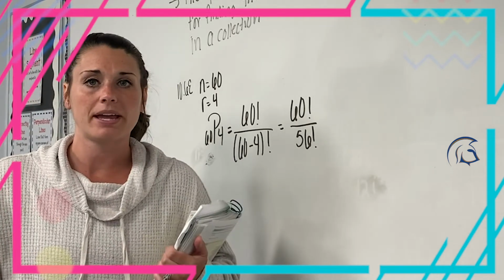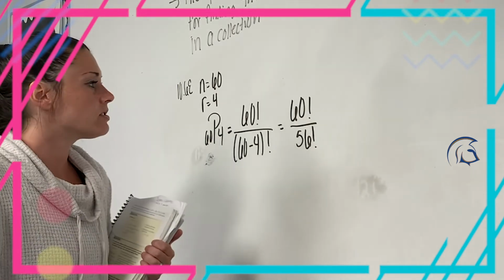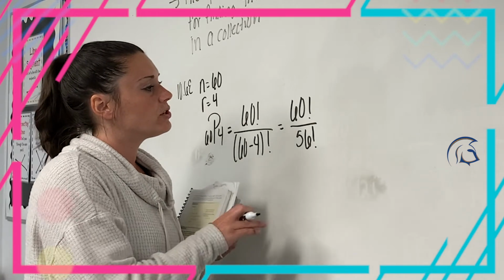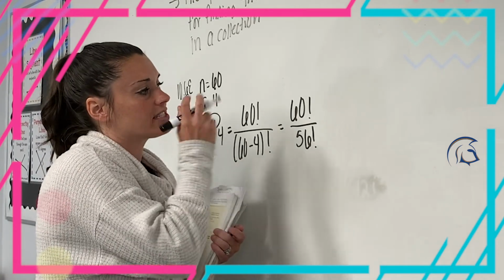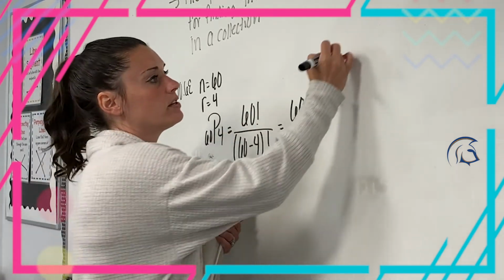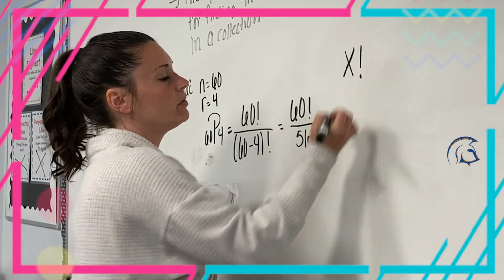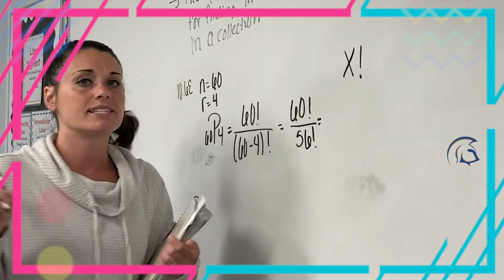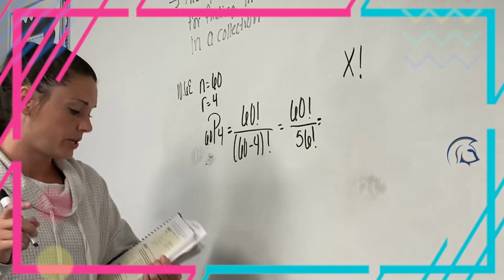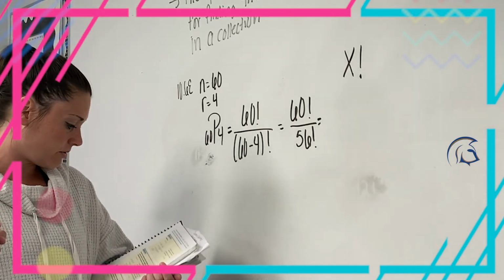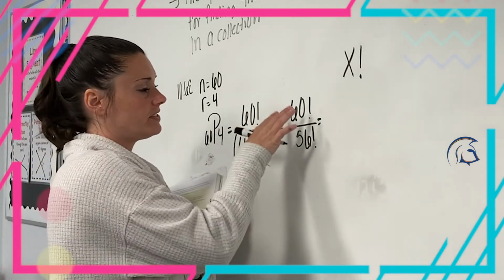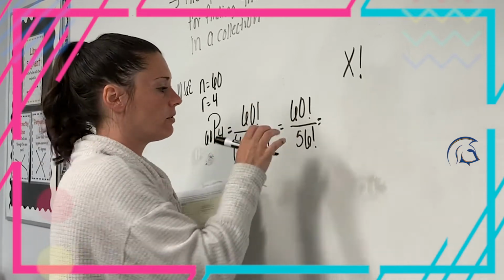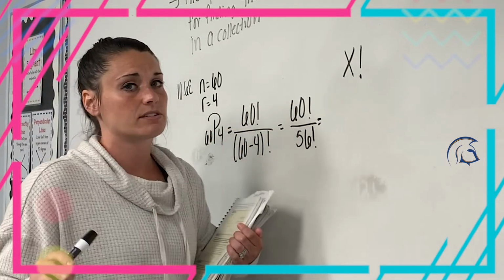Now, I'm going to go ahead and tell you, you need to use your factorial button on this one. Because it's factorial over factorial, we can use this button on our iPhone to cut down on a lot of time. We do not want to sit there and do 60 all the way down to 1, and then 56 all the way down to 1.